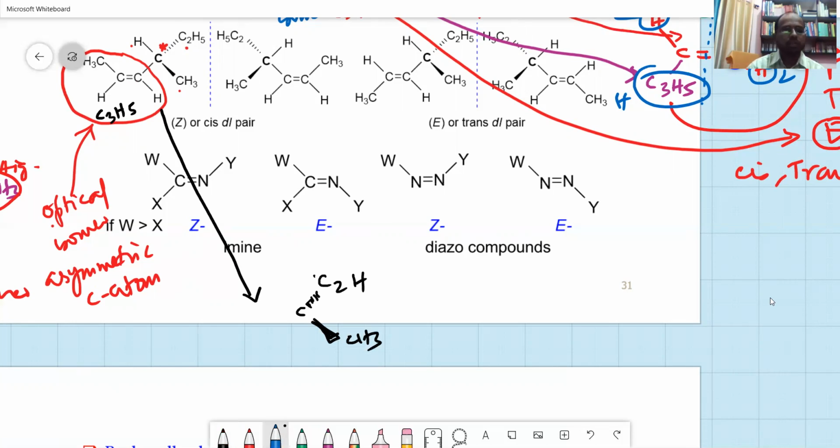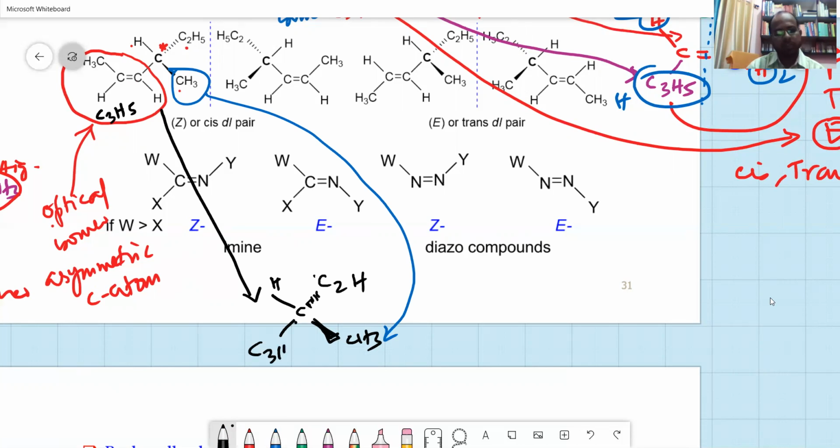I think you can know this. This CH3 is that one. Okay. And then you have H here. Then you have C3H5. Okay. As per the Cahn-Ingold-Prelog system, this should be of lower priority.